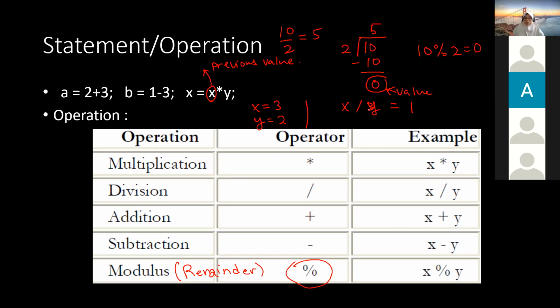So X divided by Y equals 1, and X modulus Y is also 1. So 3 divided by 2, there is a balance of 1. If I say integer X, Y, it's not equal. That is the answer.